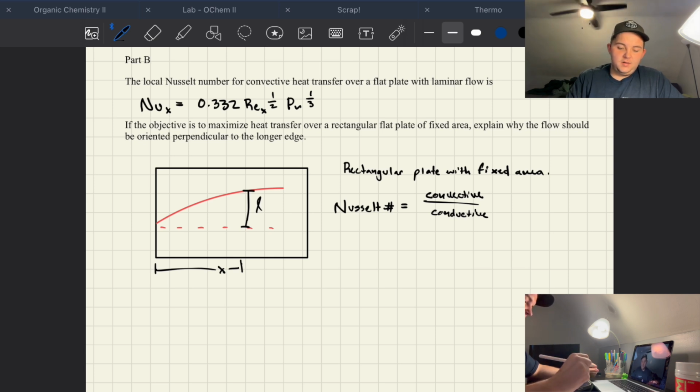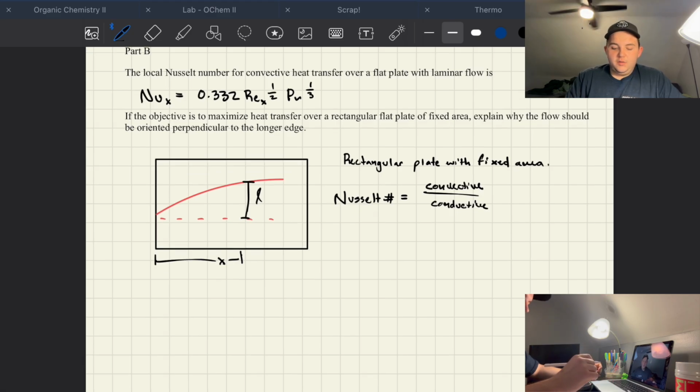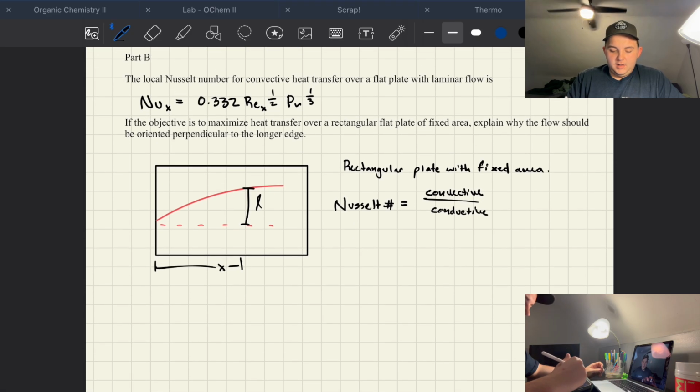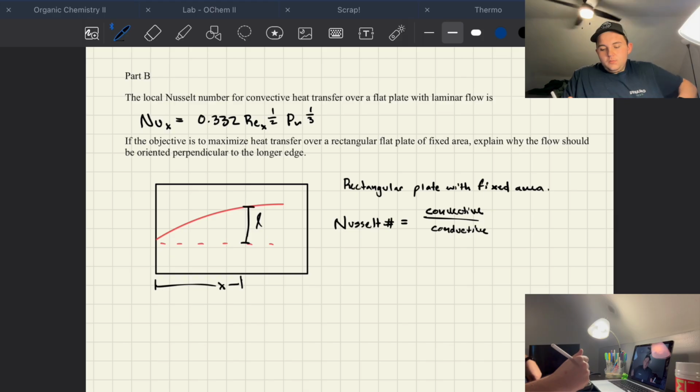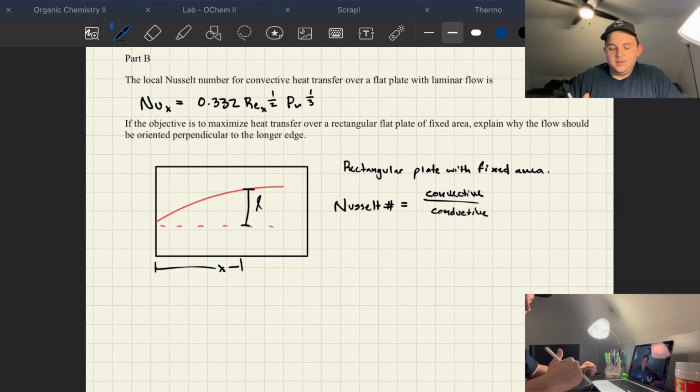If the objective is to maximize heat transfer over a rectangle flat plate of fixed area, explain why the flow should be oriented perpendicular to the longer edge. So, two things I started with: I rewrote the rectangular plate with fixed area, just to show that the area does not change.